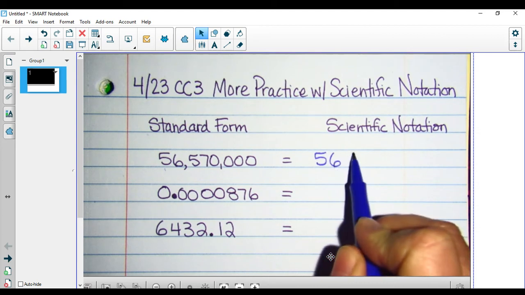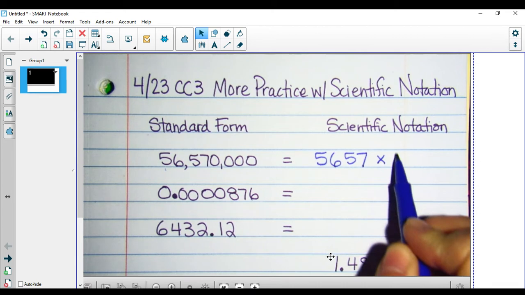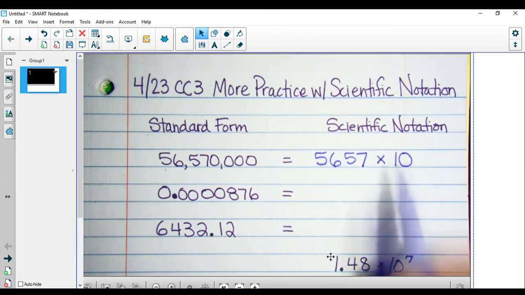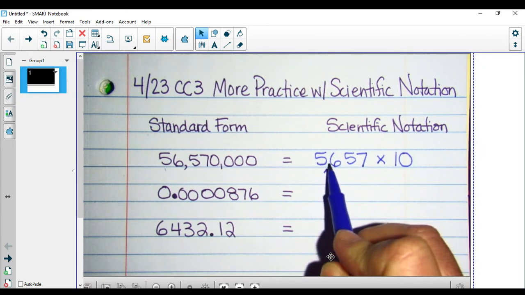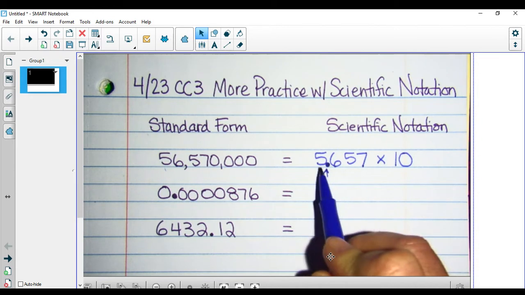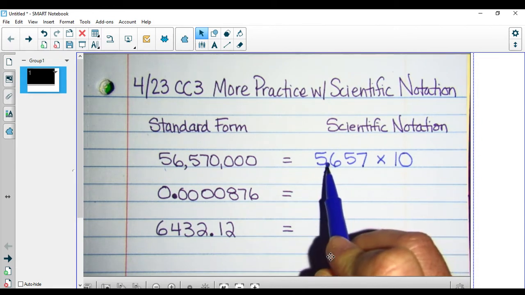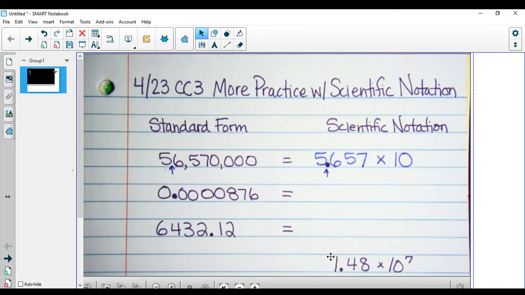5, 6, 5, 7. And we know we're going to be multiplying it by 10 to some power. But we need to put the decimal in so that this number is greater than or equal to 1, but less than 10. So I'm putting my decimal in right after the 5.